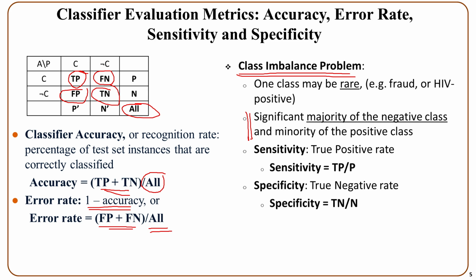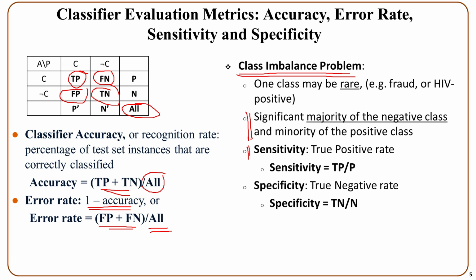So this case is problematic. If your classifier classifies all the instances to the negative class, then if you only look at the accuracy, the accuracy is still very high, and it doesn't reflect that the performance of the classifier actually is very bad.